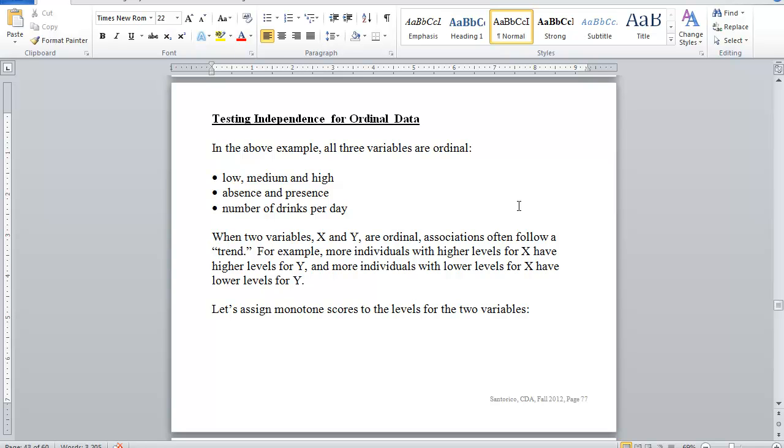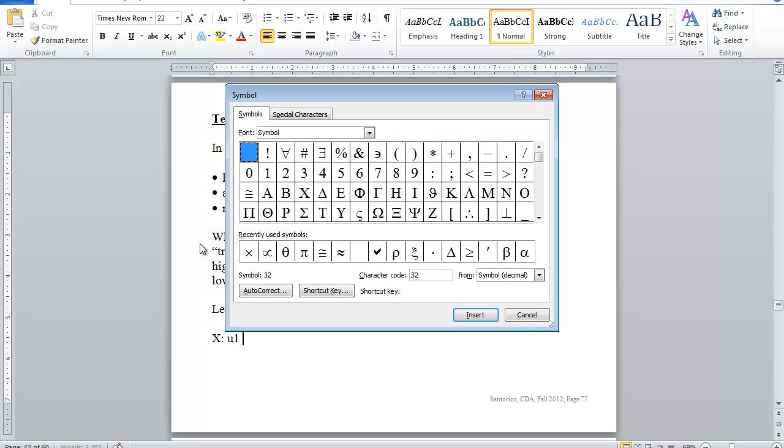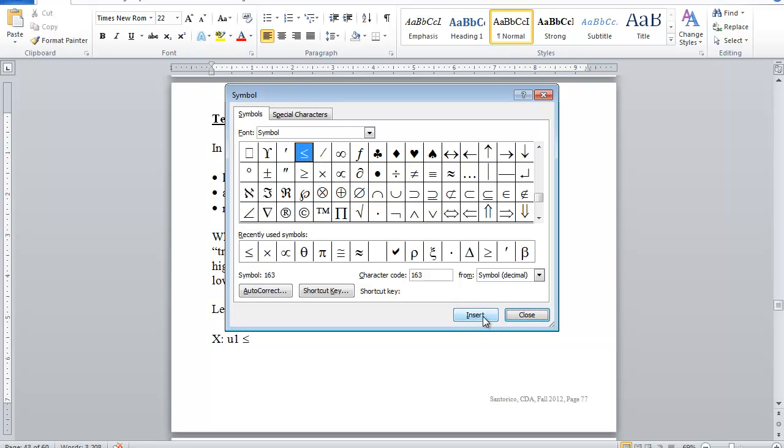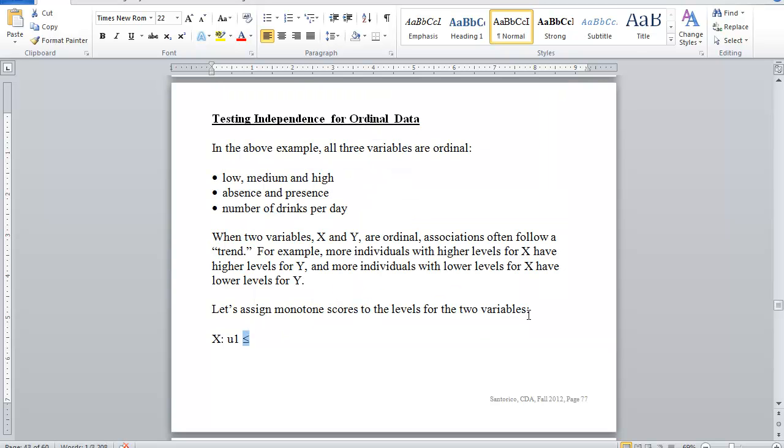So what we're going to do is think about assigning scores to the levels for our 2 variables. We're going to assign monotone scores: U1, U2, all the way up to UI.